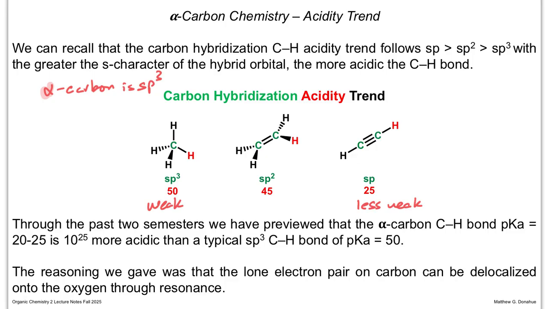And the reason the acidity trend runs that way is based on the percent s character. And that's just by taking the number of s orbitals, 1, divided by the total number of orbitals. So 1 s plus 3 of the p's, that's the 4.